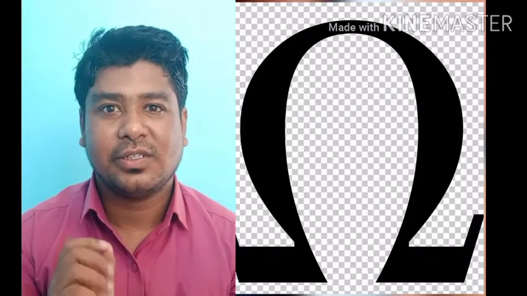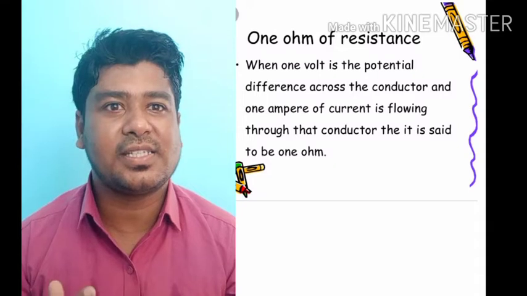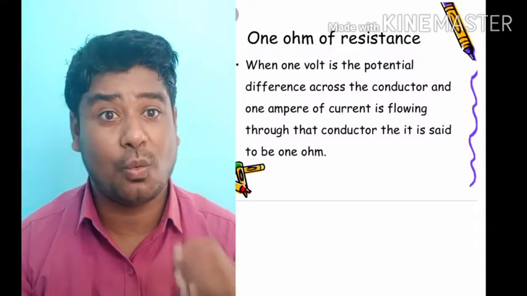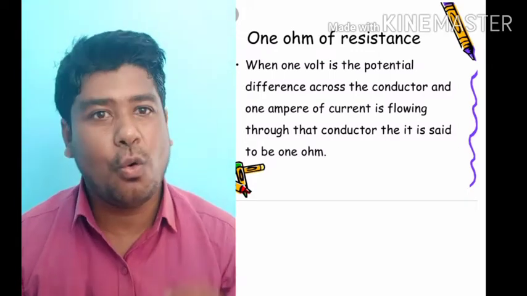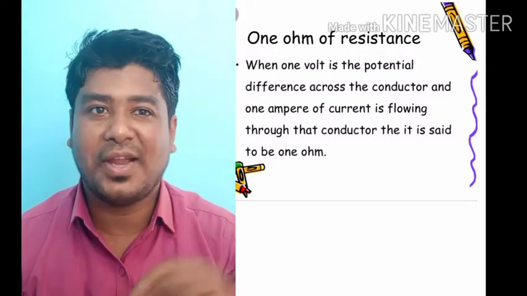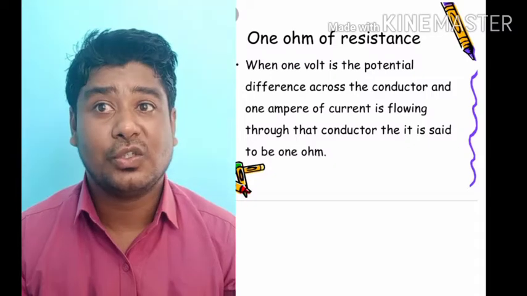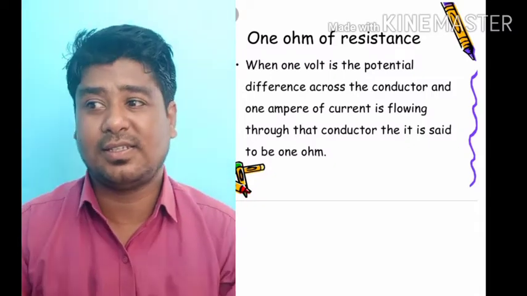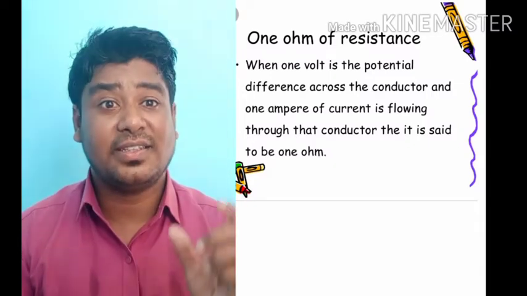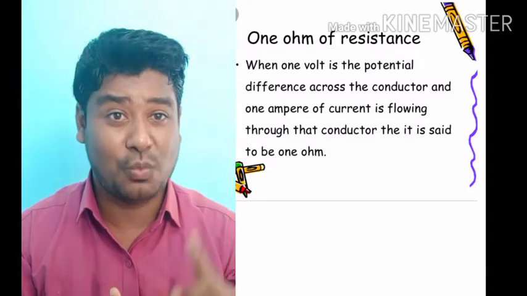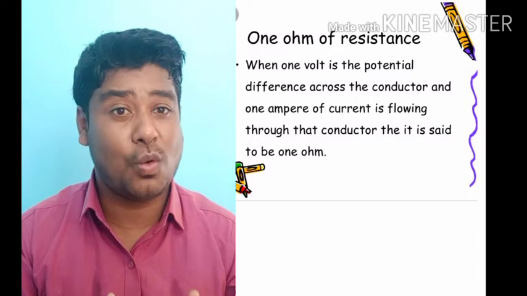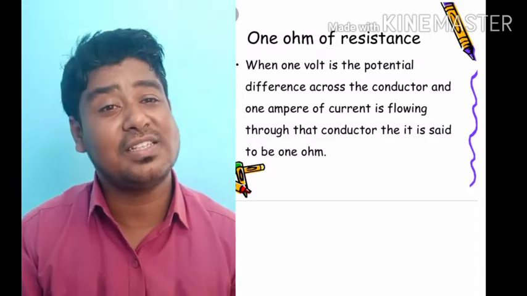Now let us understand what is 1 ohm. Like we defined 1 ampere and 1 volt, we define 1 ohm. 1 ohm is the resistance when the electric circuit has a potential difference of 1 volt and the current flowing is 1 ampere.